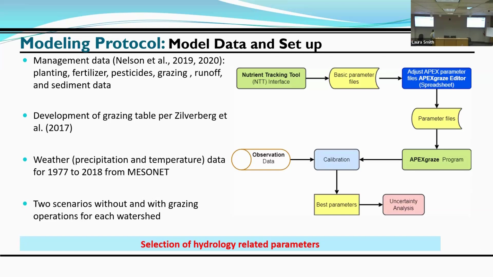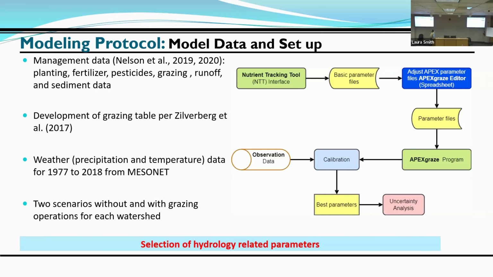In this modeling task, the watersheds were delineated using the nitrogen tracking tool, which allows us to extract soil data and landscape data into APEX readable format, and some parameters from that file were updated or edited before using the APEX-Graze editor spreadsheet. Nelson et al. compiled and presented management data for each farm.